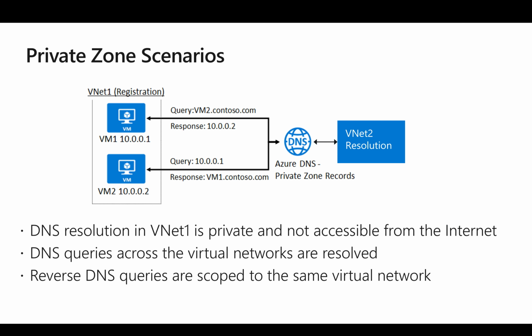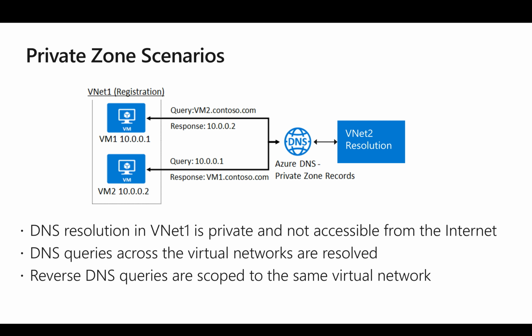When we are using a custom DNS for private zones, there are two scenarios available. One is what we call a registration VNet, and the other is something called a resolution VNet.